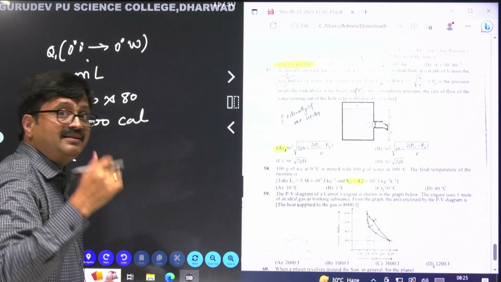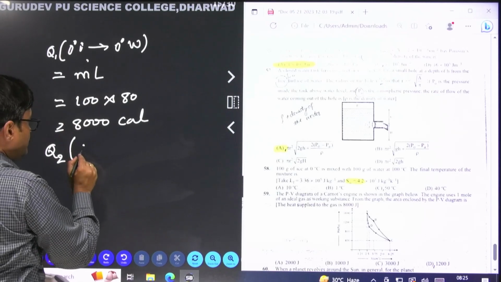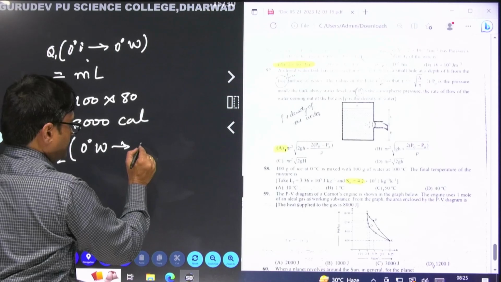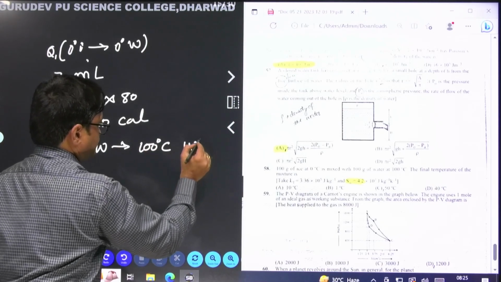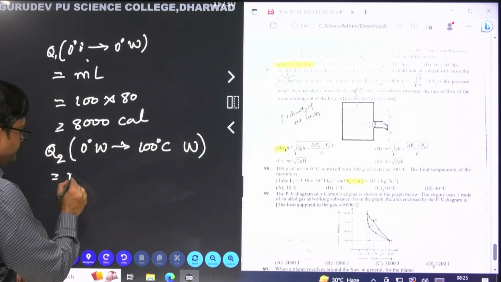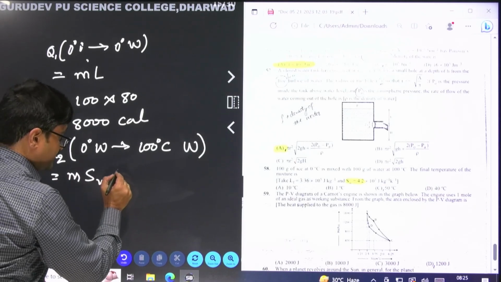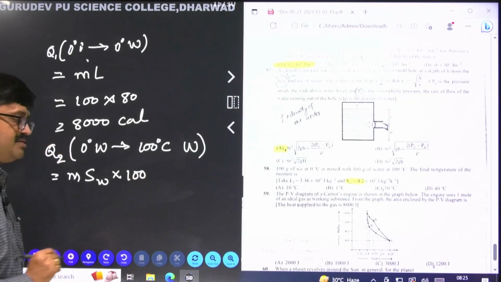It is heat required to increase the temperature of water at 0 degree Celsius to water at 100 degrees Celsius. Okay, so in order to have this, I'll make use of mass into specific heat of water into rise in temperature. So rise in temperature in this case is 0 to 100. So I'll just write it as 100.